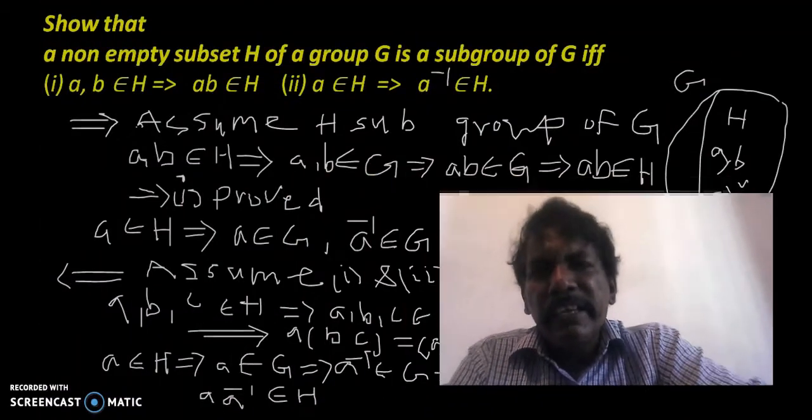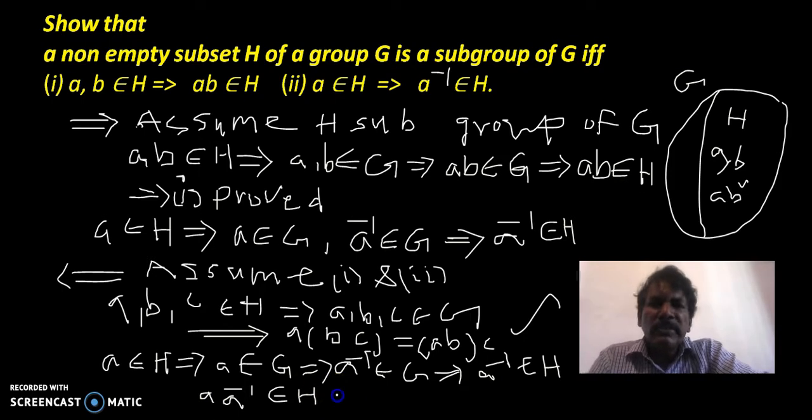So the identity element belongs to H. So the identity exists. That's what we are proving here. First we proved that the associative law is true in H. Second, we proved the existence of the identity. Now what remains is to prove that each and every element has an inverse.